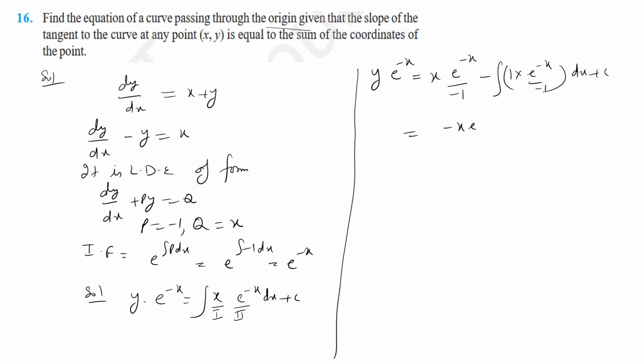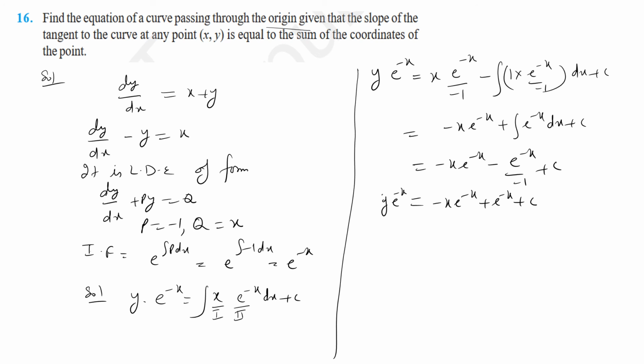This is minus x e minus x, it becomes plus the integral of e raised to power minus x dx plus c, so minus x e minus x minus e raised to power minus x upon minus 1 plus c. Okay, so minus x e minus x minus e raised to power minus x plus c.